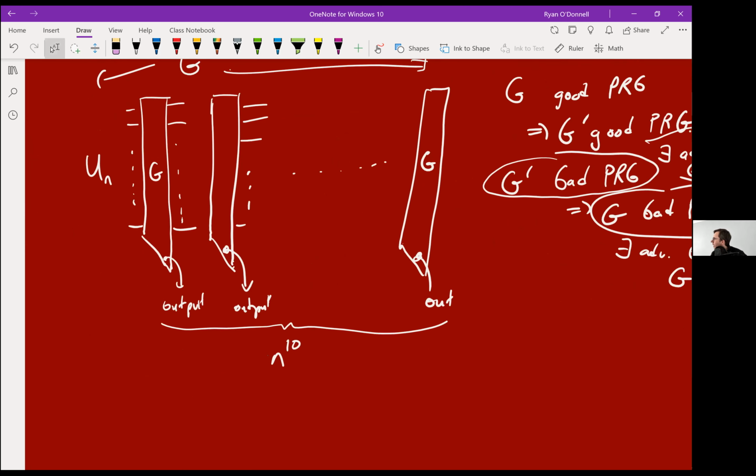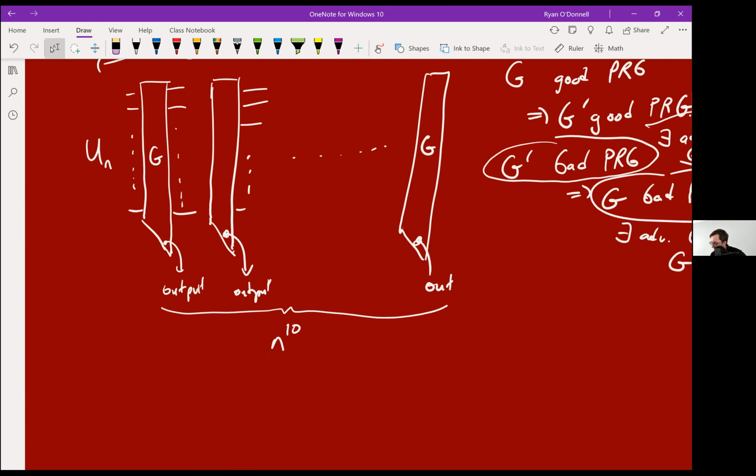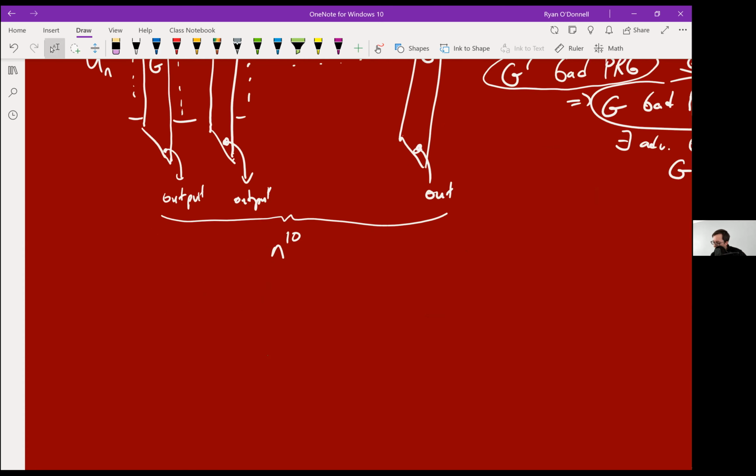So yeah, I wonder if we can imagine a specific case here. What does it mean that we have some adversary breaking G prime?